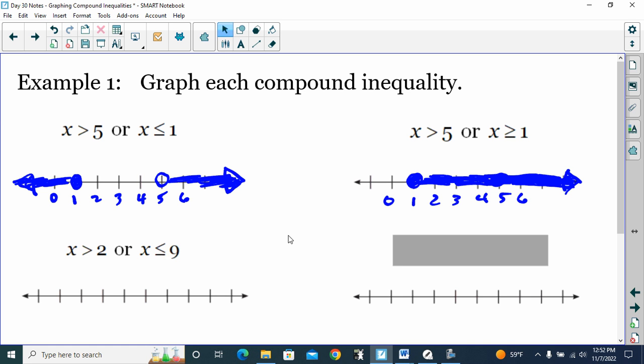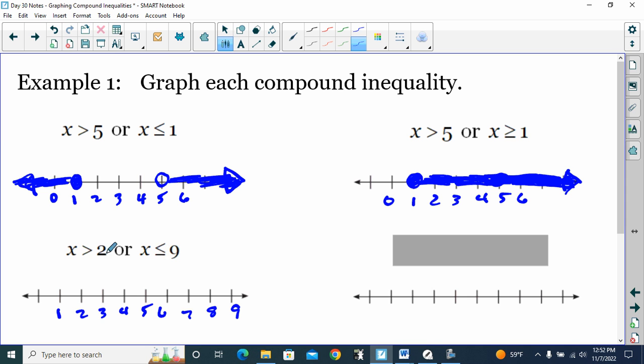Another or statement, X is greater than 2, or X is less than or equal to 9. For an or statement, either one can be true, so we shade in each one.